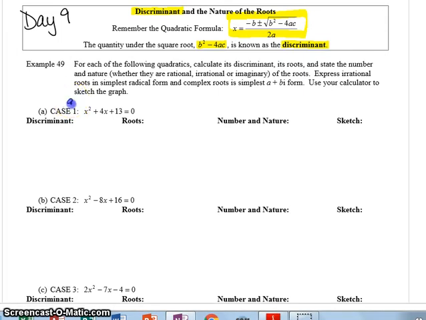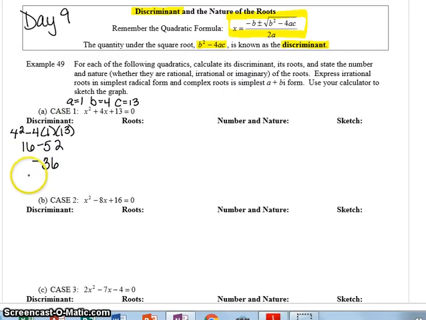But this has where a is 1, b is 4, and c is 13. So to find the discriminant, it's going to be b squared minus 4 times a times c. So the discriminant ends up being 16 minus 52, which is going to be negative 36.